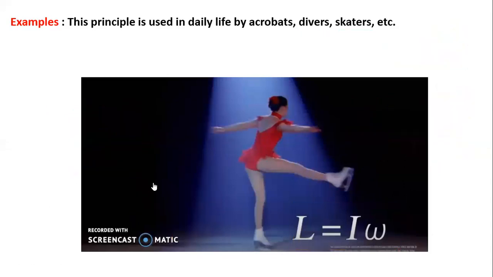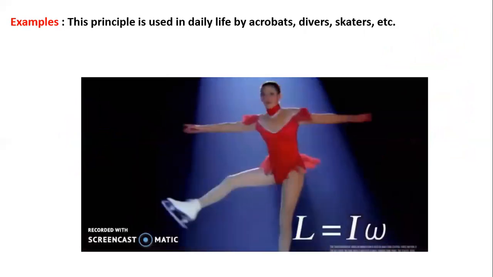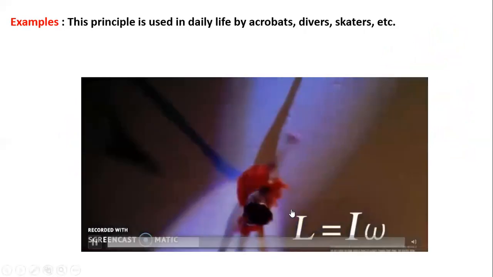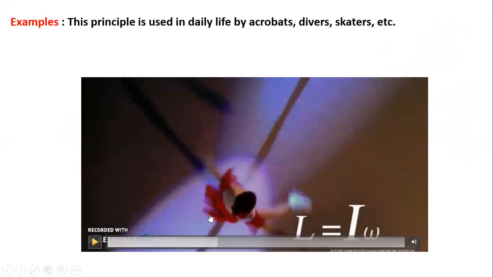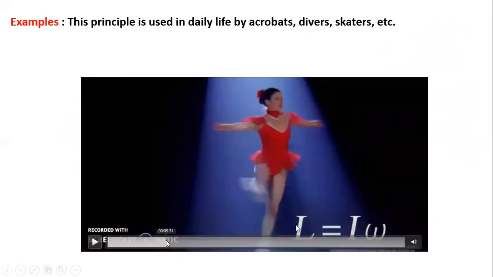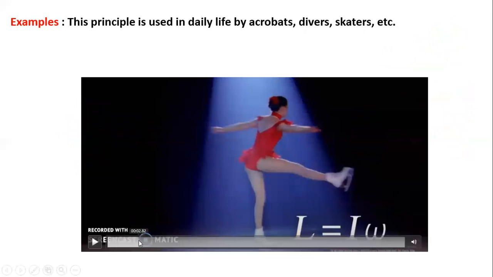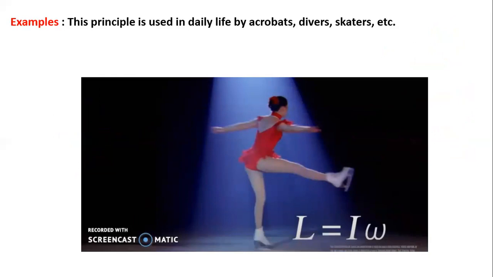Now let me show this in a video. You can see here initially the ballet dancer's leg is outstretched, hands are outstretched, so the moment of inertia I is more. I is more means omega is less.